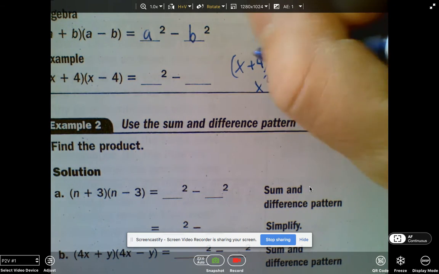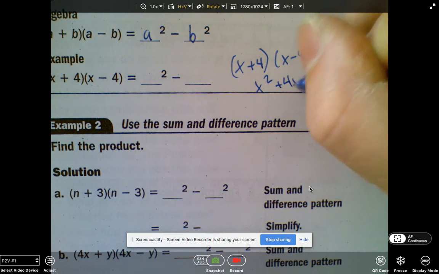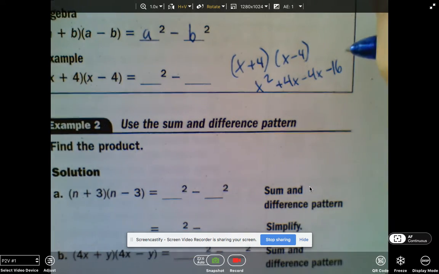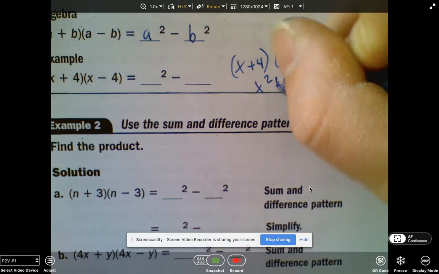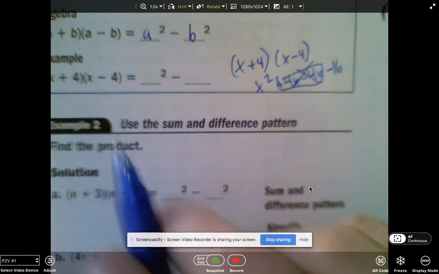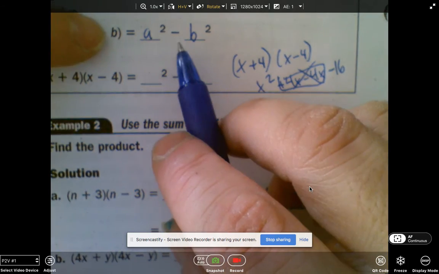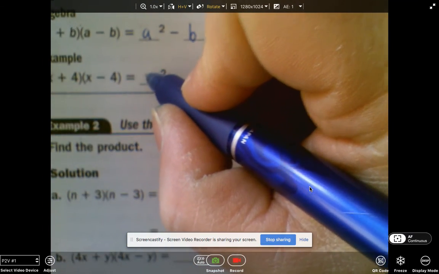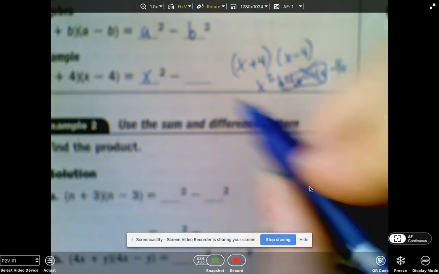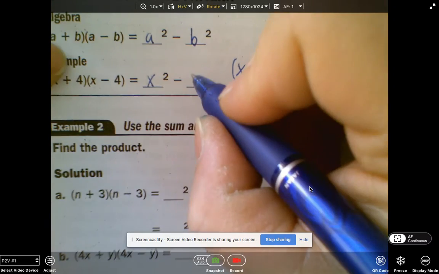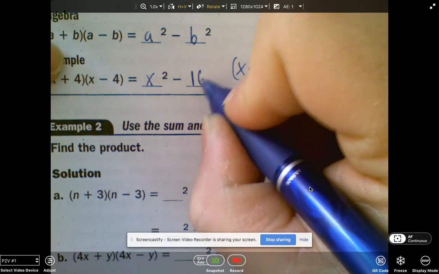You get x squared. But look at the middle: you get 4x and then minus 4x, and then minus 16. So these cancel. When you do this pattern, it's a plus b times a minus b, so this would be x squared, and then you're just left with 4 times negative 4, your last, which is negative 16. All right, let's try some examples here.